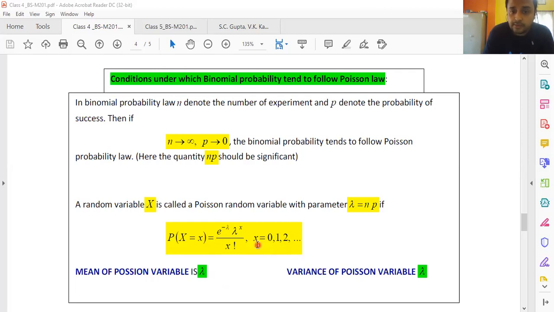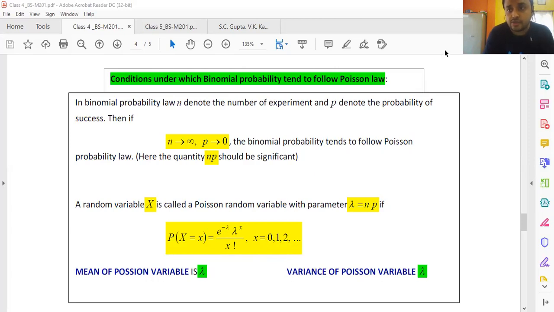Since the possible values of x are infinite but countable, the random variable is discrete. The Poisson distribution is another kind of discrete probability distribution.